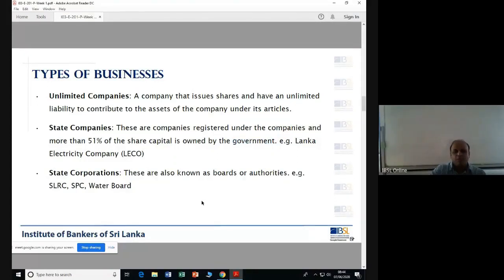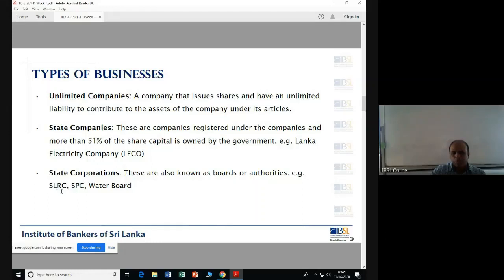And the last one we are going to learn in the types of business is what we call state corporations. This is again like companies, but we call them corporations, or they are also known as boards or authorities. For example, you know what SLRC is.